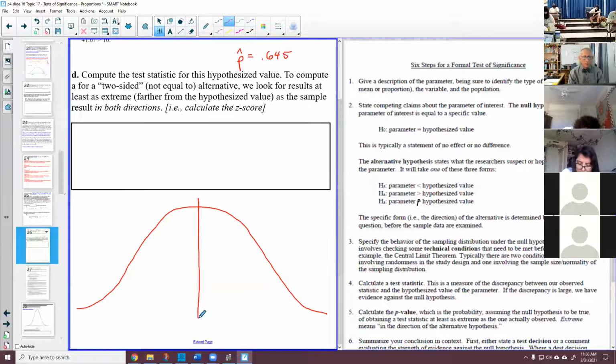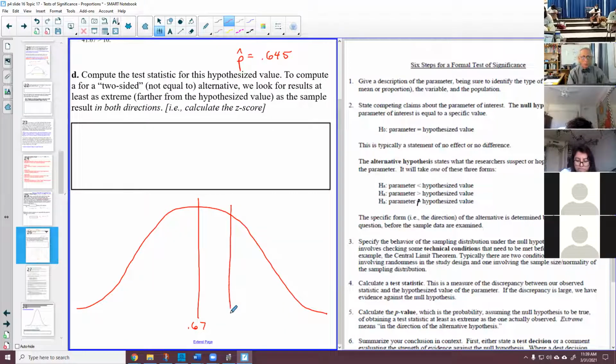And then what value is going to go right in the center here? Would it be 0.67? It would be 0.67. Very good. Pi goes in the center here when we're doing our test of significance.